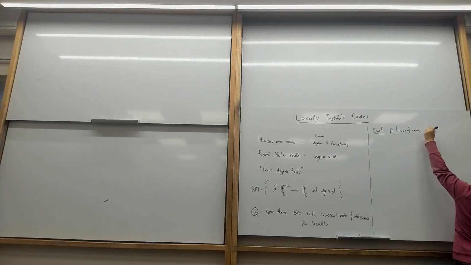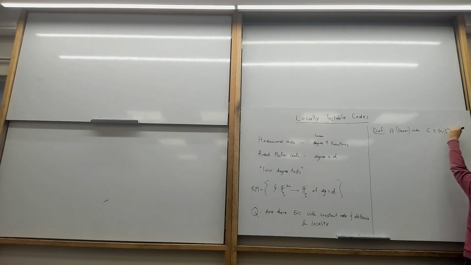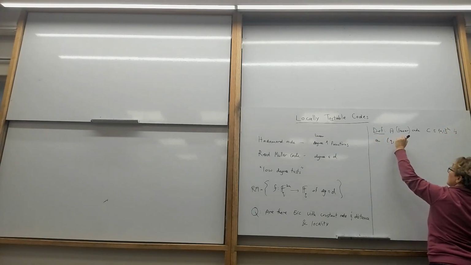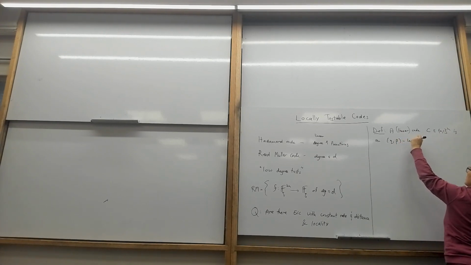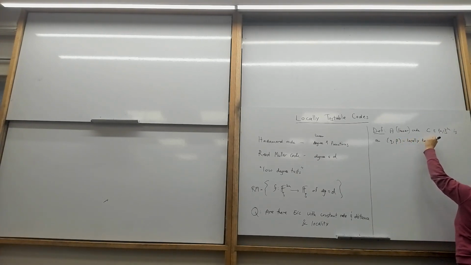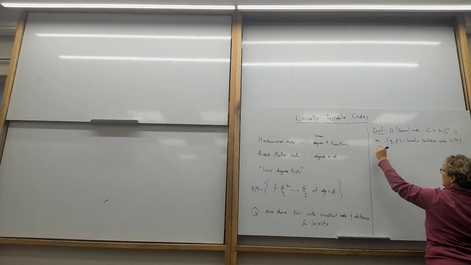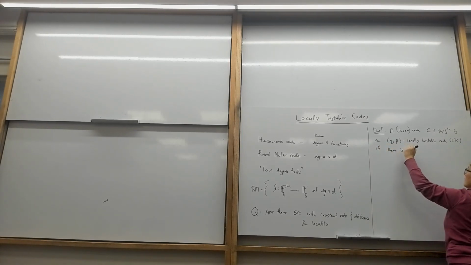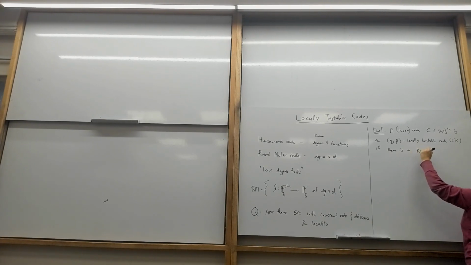A linear code C is a (q, beta) locally testable code if there is some parity check matrix. So let me call it R by N parity check matrix.